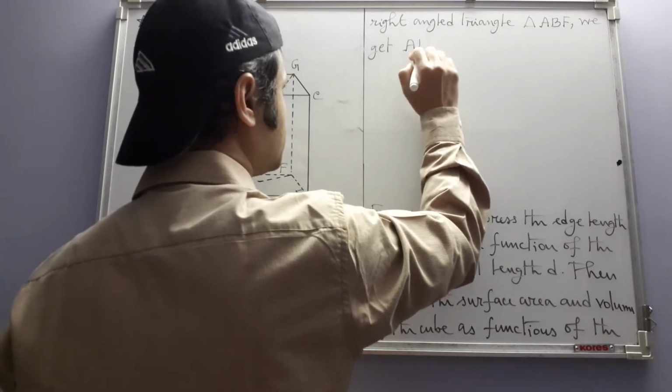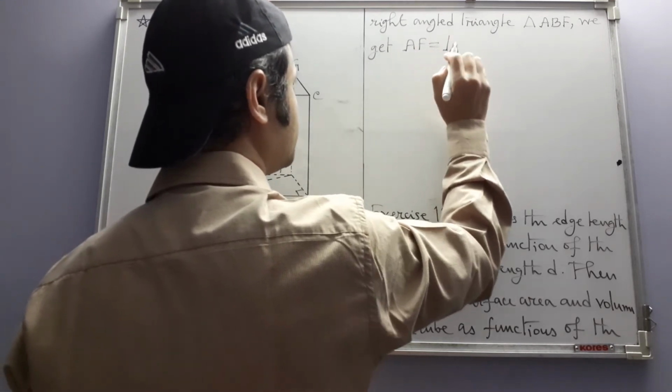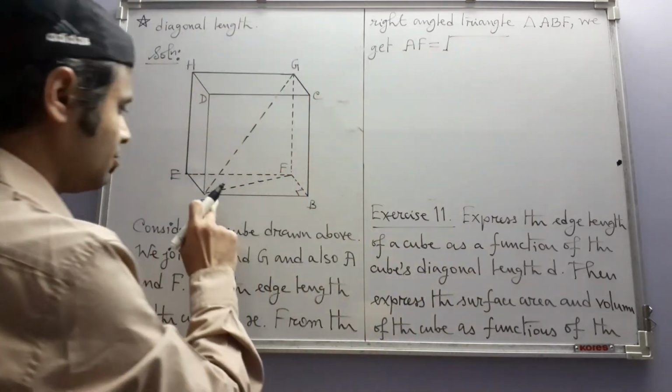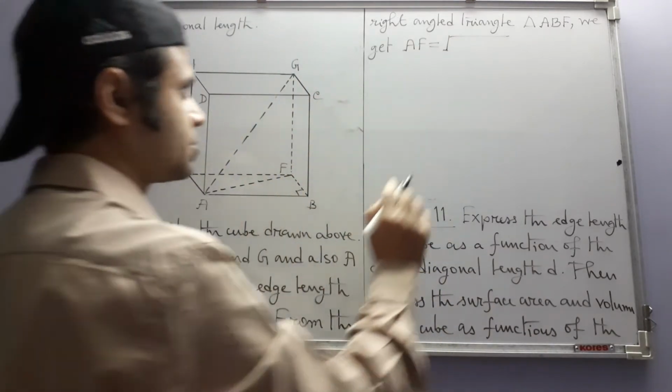So AF is equal to square root of AB square plus BF square.